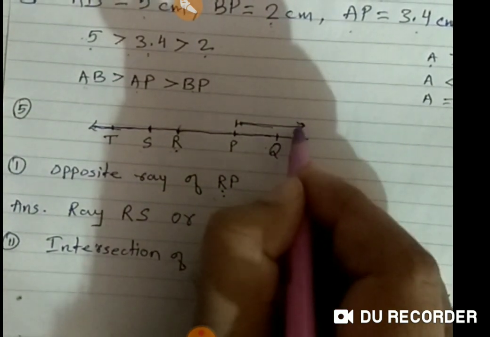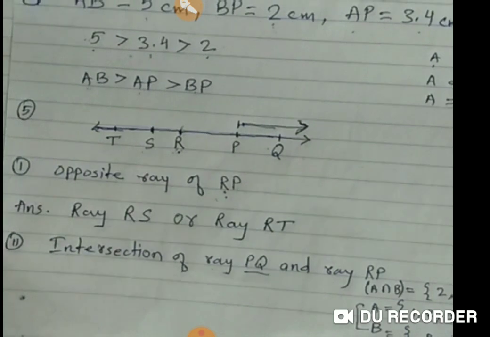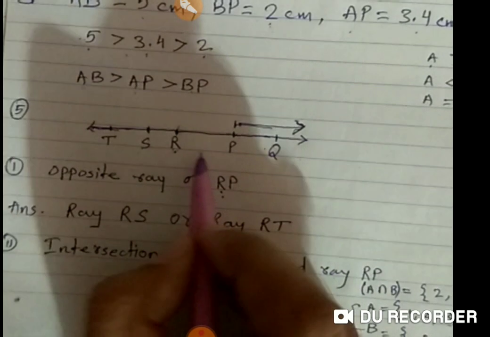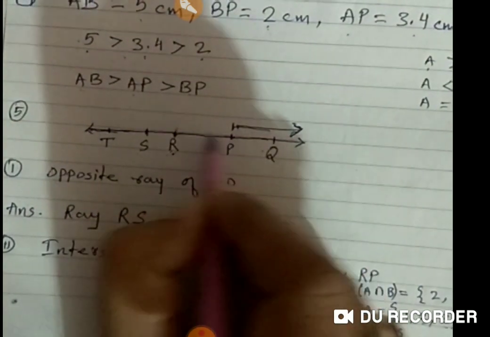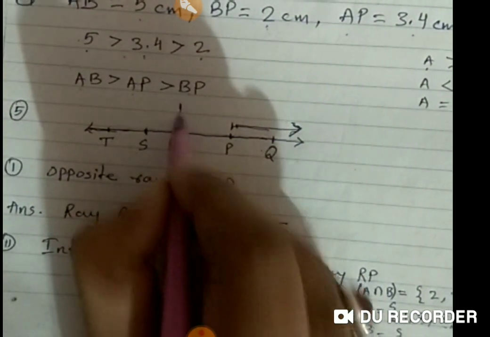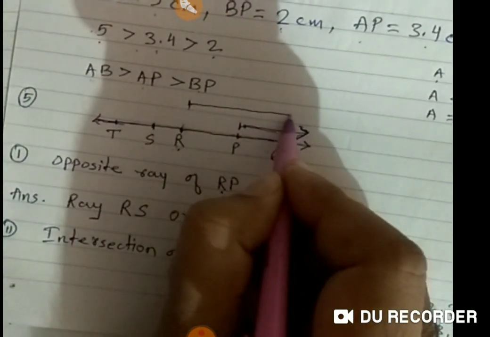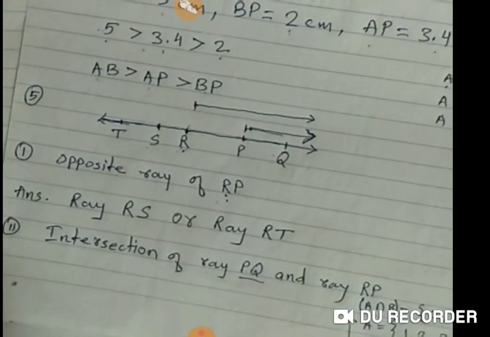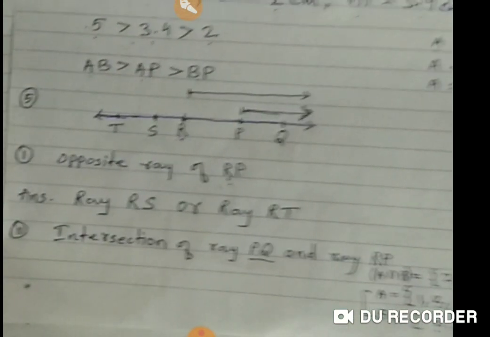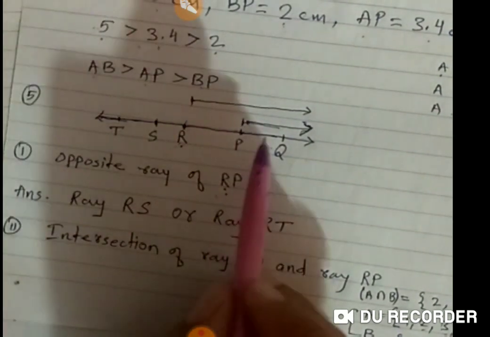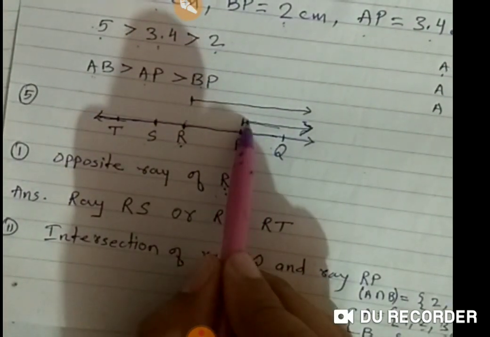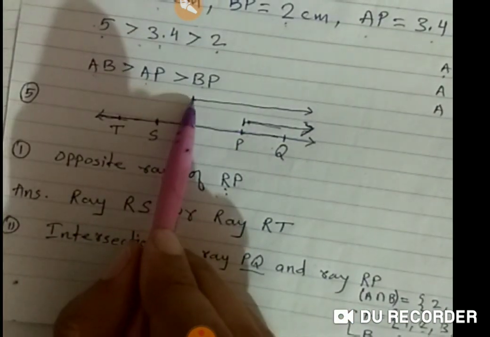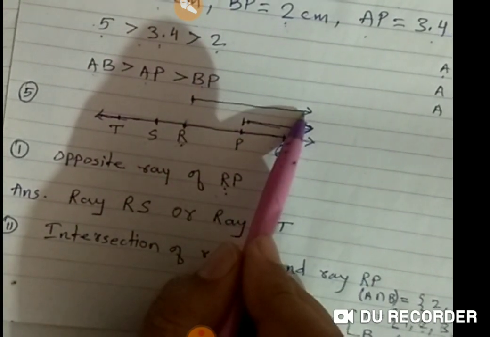This is your ray PQ. Then the question says ray RP. So RP starts from here and moves in the same direction. Again, PQ starts from P, moves in this direction. RP starts from R and moves in the same direction.